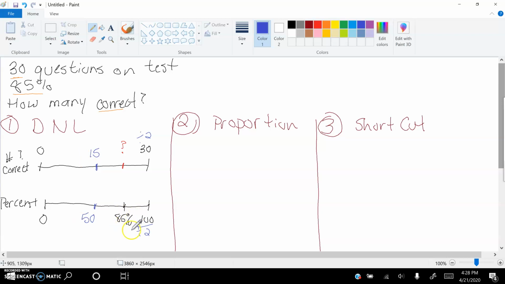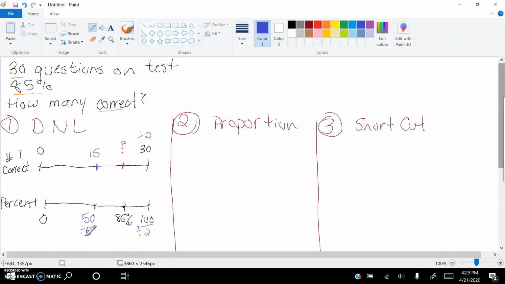So how do we get up to 85% here? Well, I'm thinking a good strategy might be to go up by 10%. So we'll have 80% and we'll have 90%, and then we can find the middle of that. So to find 10%, I know I need to do 50 divided by 5.